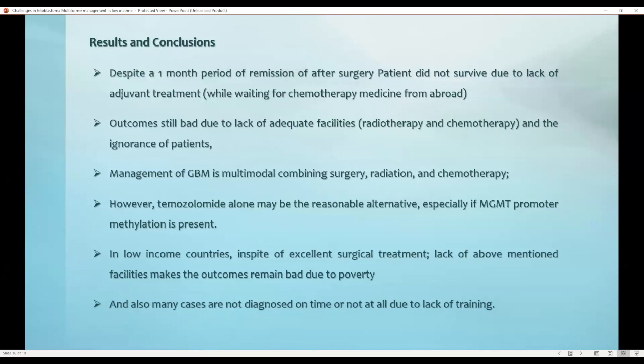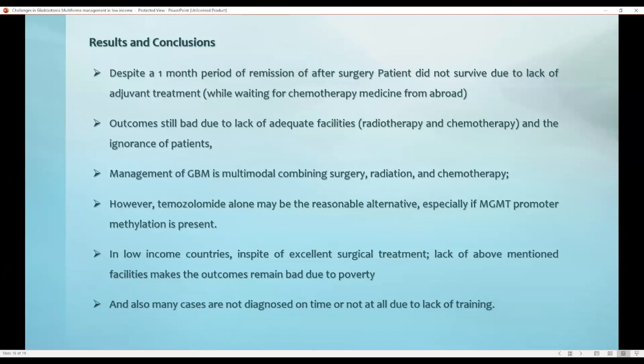chemotherapy. But the patient had to get medicine from abroad, because at the time we did the operation, we could not find the medicine locally.